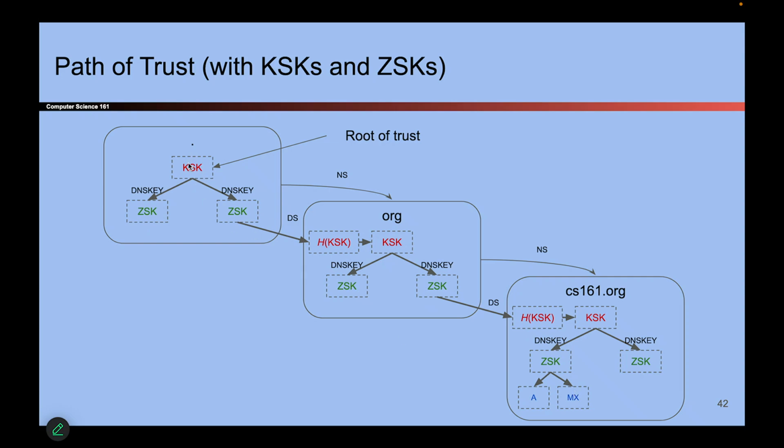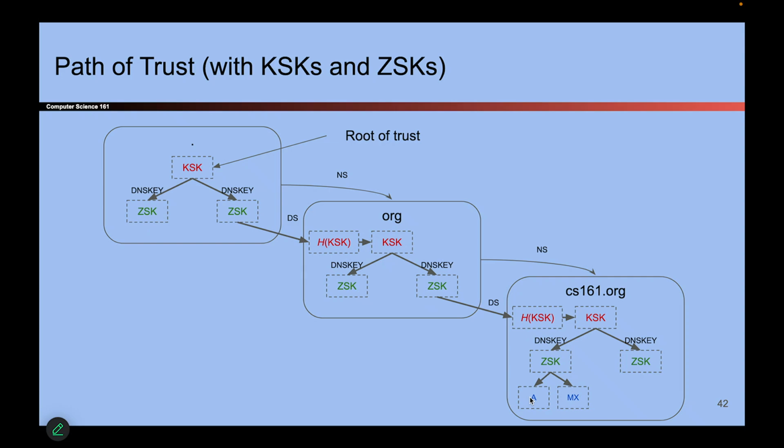The upper half of the root endorses the lower half of the root by signing that public key. The lower half of the root endorses the upper half of .org. The upper half of .org endorses the lower half of .org. The lower half of .org endorses CS161.org's upper half. That upper half endorses the lower half. That lower half endorses the answer.